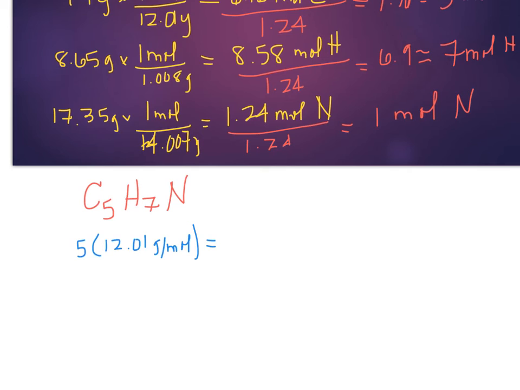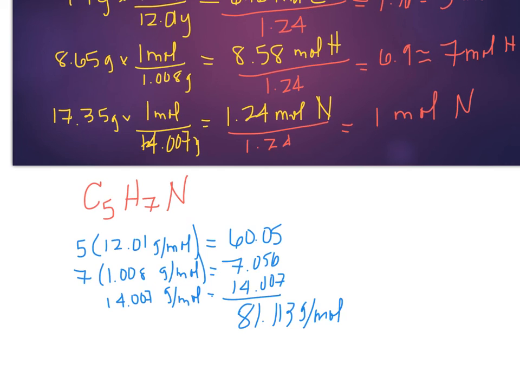Then hydrogen is going to be 7 times 1.008 grams per mole. And nitrogen is just going to be 1, and that is 14.007 grams per mole. So when I multiply these and then I'll add them all together, we will end up with 81.113 grams per mole for the empirical formula.